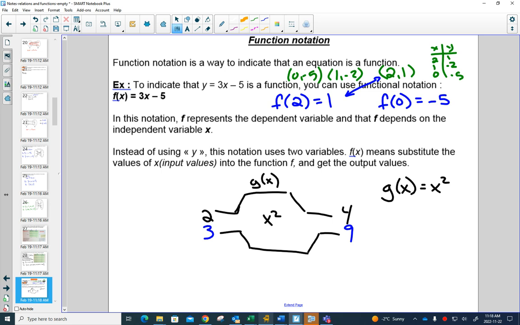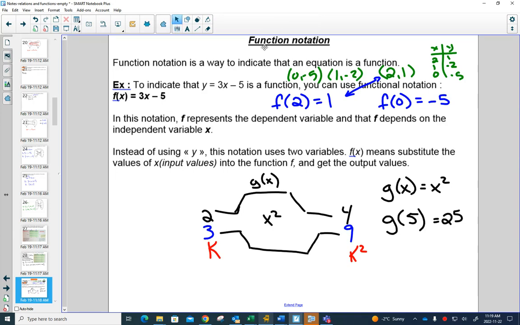Any number you put in to the function, so if you think of it like a machine, it really makes sense that you put a number into the function. What would come out? 25. Okay? And with functions you can even put letters in. What would happen if I put in k? What would come out? k squared.